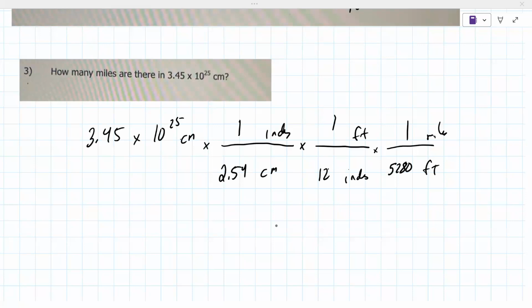Right. So I get 2.14 times 10 to the 20th miles.